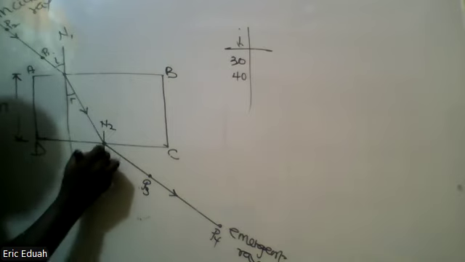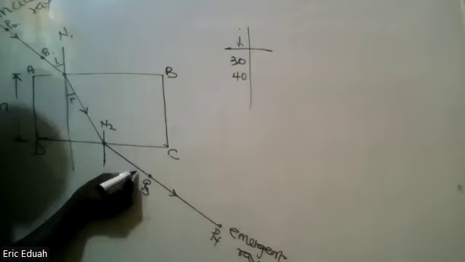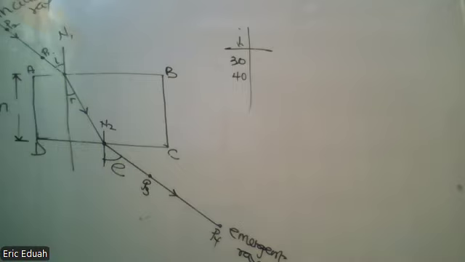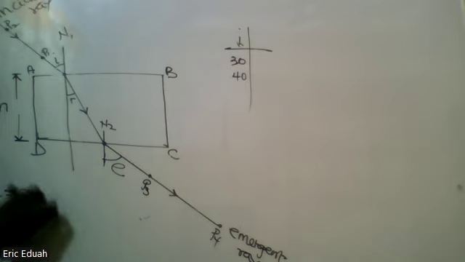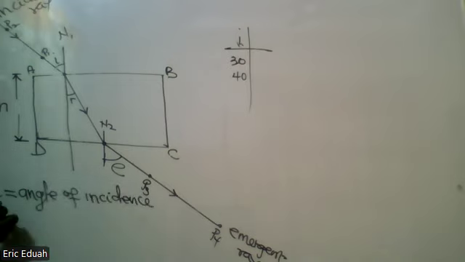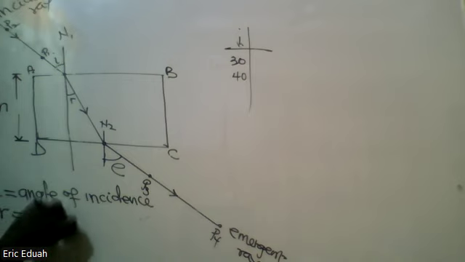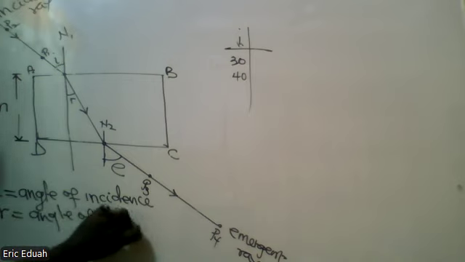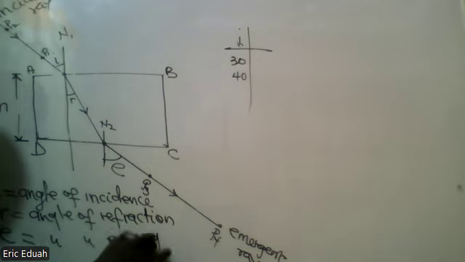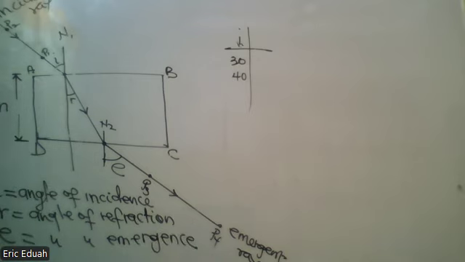The angle between the emergent ray and the normal is equal to the angle of emergence E. So I equals angle of incidence, R equals angle of refraction, and E is angle of emergence.